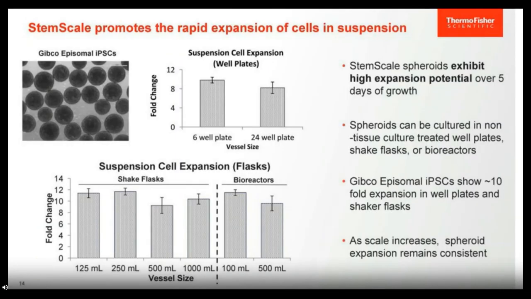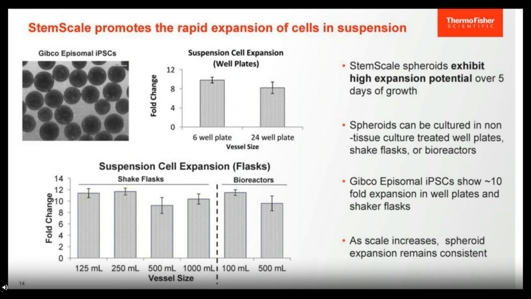So now that we've discussed the StemScale protocol, I would like to demonstrate its performance with some experimental data here. On this slide, we see that StemScale promotes the rapid expansion of cells in suspension. You can see a representative image of our Gibco Episomal iPSCs in the upper left, and this is how the spheroids will appear after 5 days of growth in the StemScale medium.